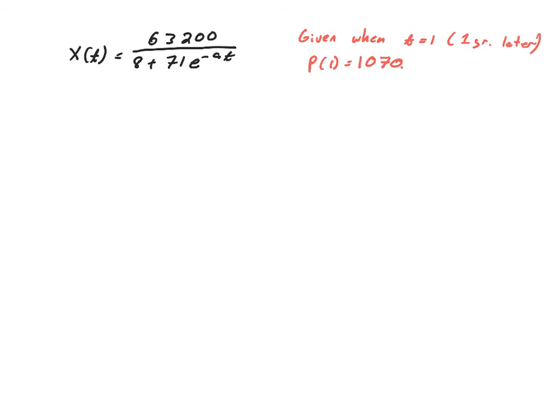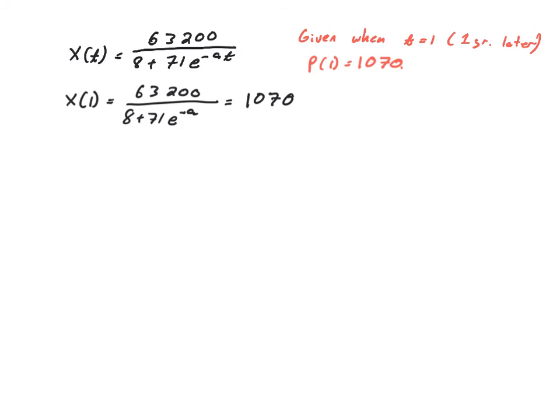Okay, so let's make that substitution in there and see what happens. So if I put that in there, I get x of 1 is equal to 63,200 divided by 8 plus 71 e to the negative a, which is equal to just 1,070.